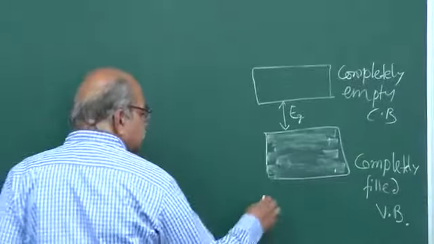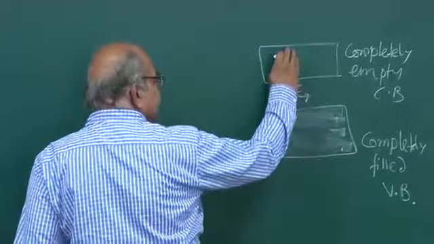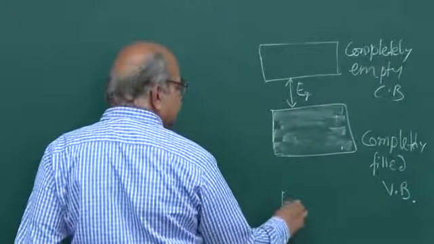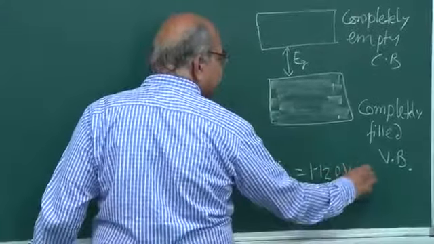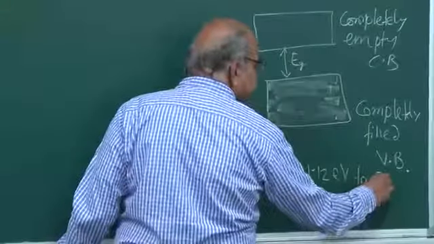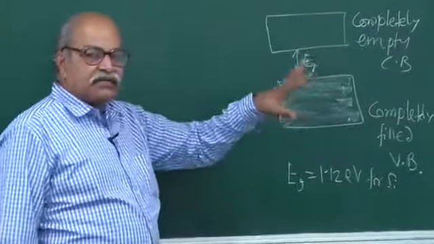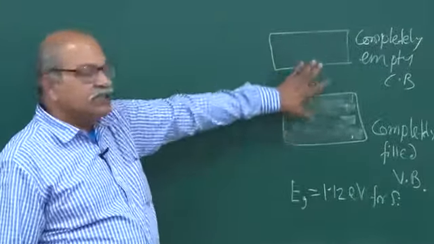For silicon, you have 4N states here, 4N states here, and Eg is 1.12 eV for silicon. For any other semiconductor also, this structure will remain the same.